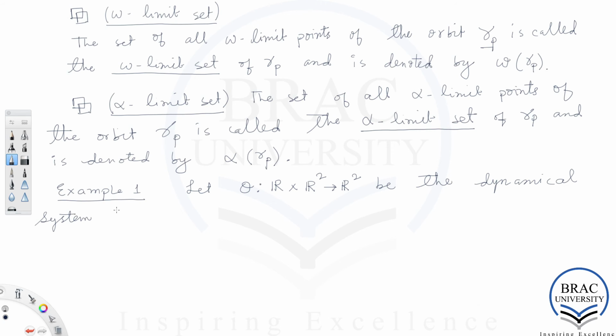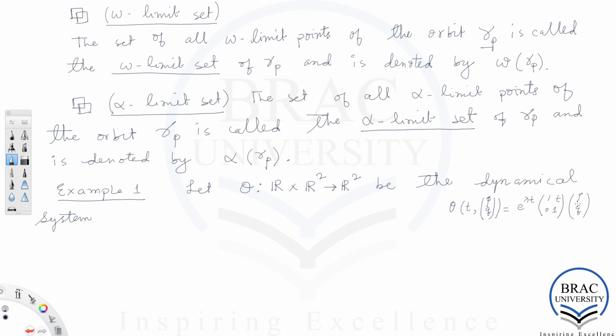Let me write it for you. Yes. So the flow map was defined as follows: theta t of the vector pq in R2 was defined as e to the lambda t times the matrix 1 t, 0 1, times pq.